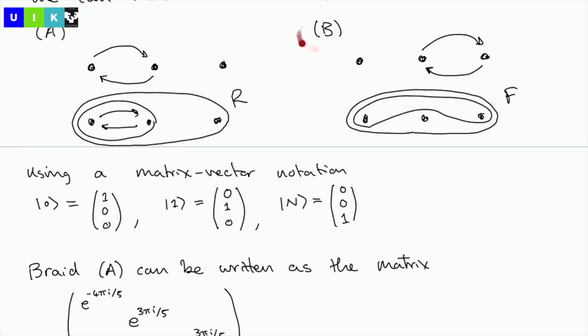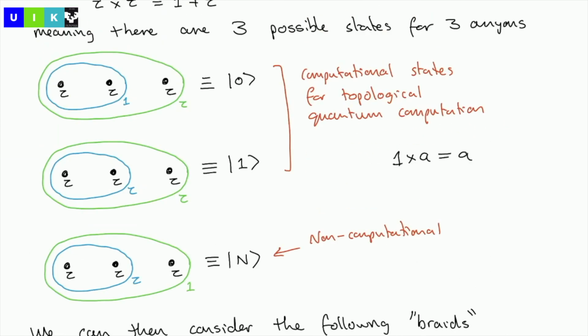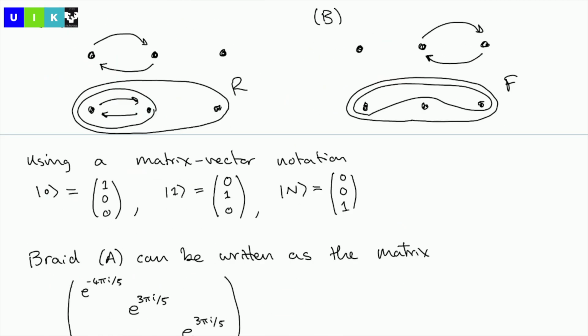However, for process B, if I've dragged the second one and swapped it with the third one, then I know that it's now these 2 that had the fusion channel I started with, right? So if I take this picture and I swap the last 2, then I know this grouping.